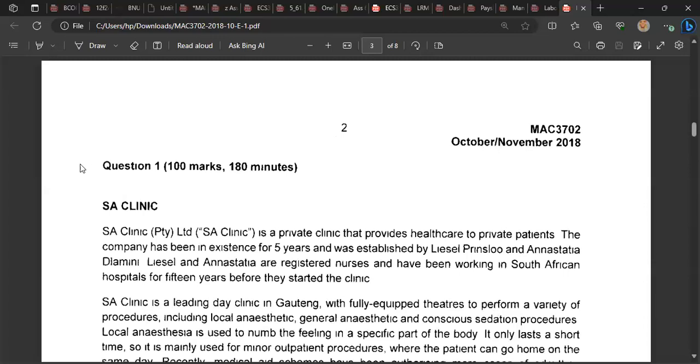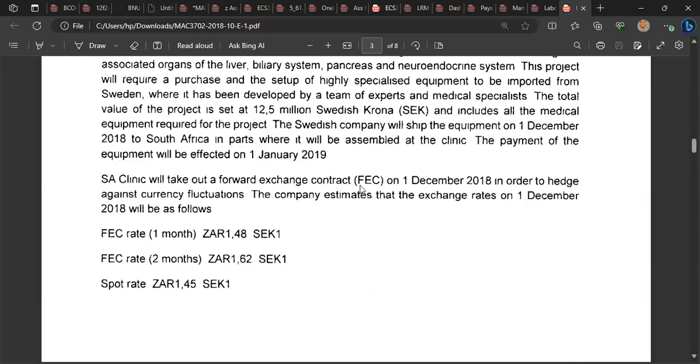So let's find out when the payment is going to be made. The company estimates that the payment of the equipment will be effective on the 1st of January 2019, which means we need the money on the 1st of January 2019. It doesn't matter when we went into an agreement with this company, the bottom line is when are you paying. And then what rate?